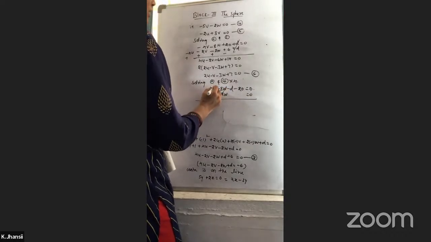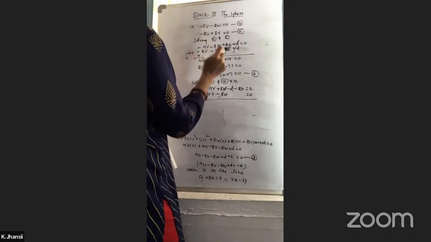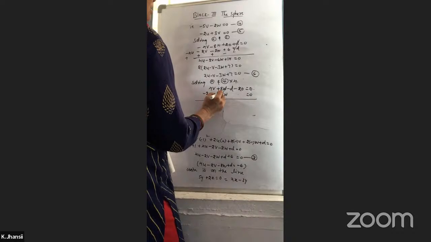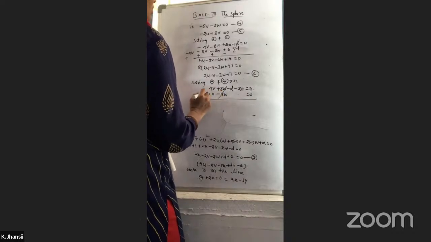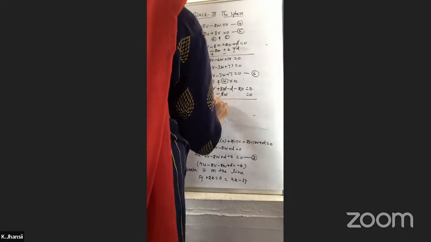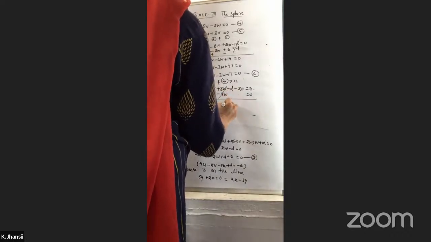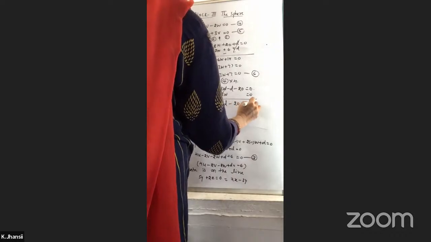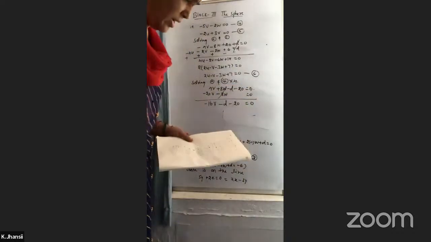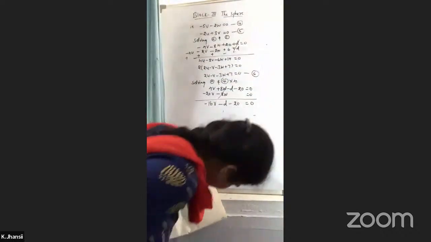So minus 20 and here, so this is minus 16V minus D minus 20 equals to 0. Okay. So solve this one.